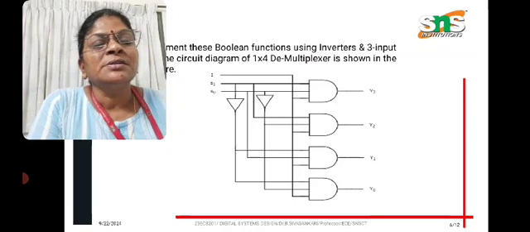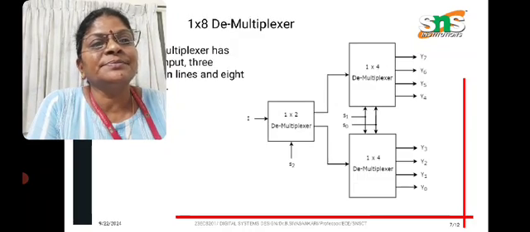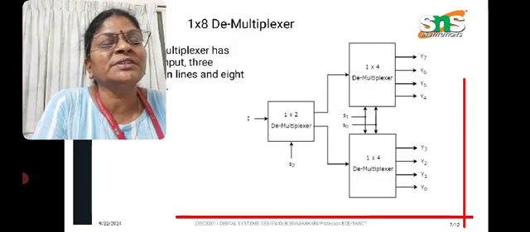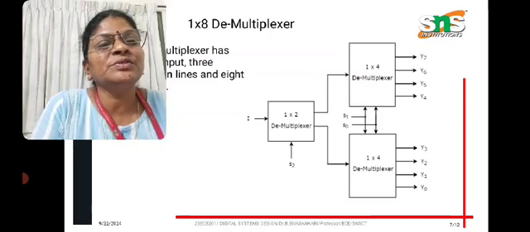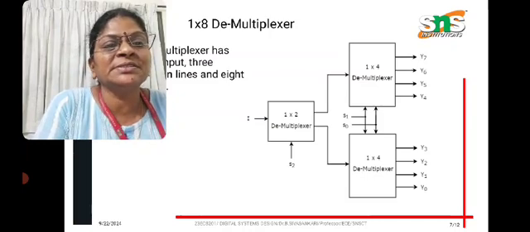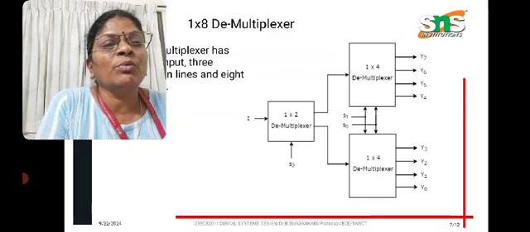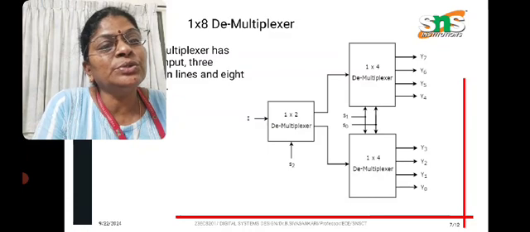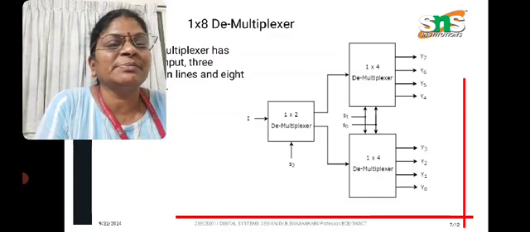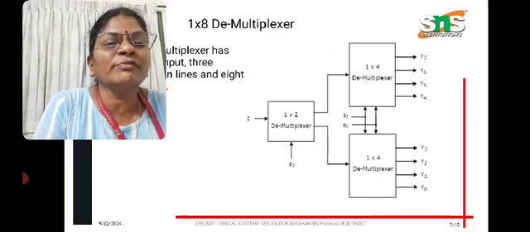Same as 1 cross 4, here we have the 1 cross 8 demultiplexer. In the 1 cross 8 demultiplexer, first we have one single 1 cross 2, then dual 1 cross 4 demultiplexers to get the outputs of 1 cross 8.